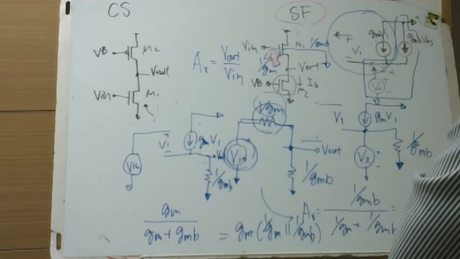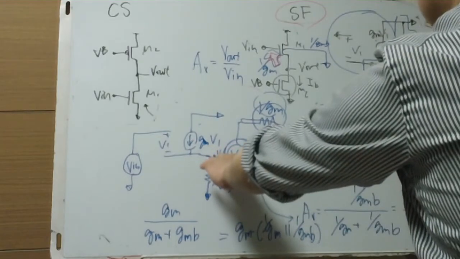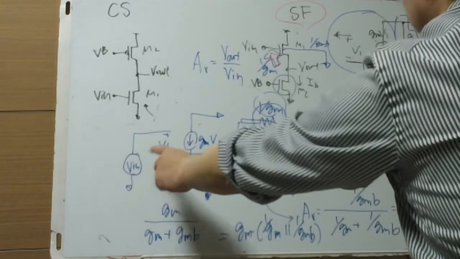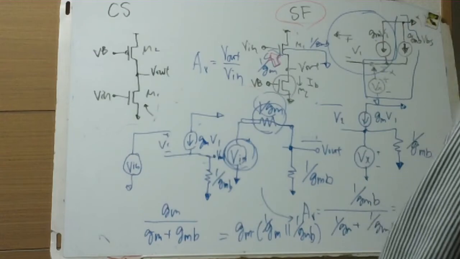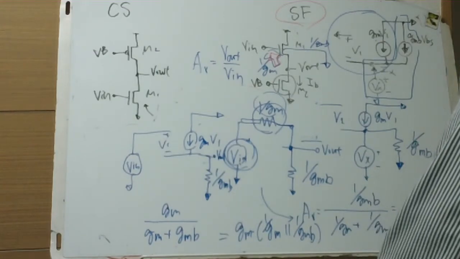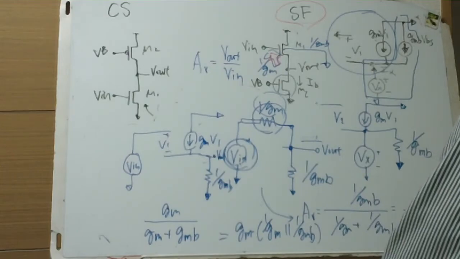If V out is shorted, V in equals V1. V out shorted. Here I'm looking at the main one, Gm1.